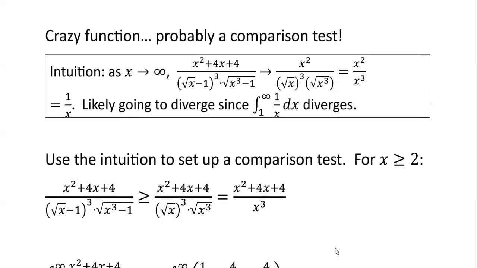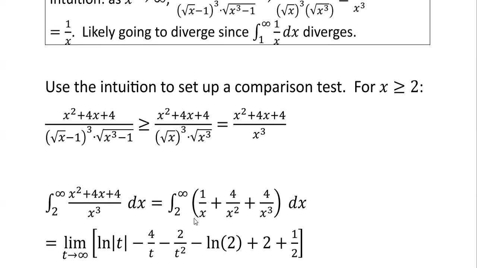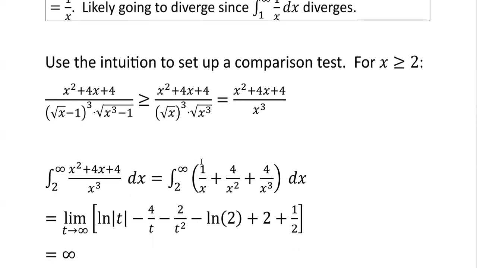I picked this guy, which is equal to this guy. This we can evaluate the improper integral of. We can just divide through by the x cubed, and you can see the 1 over x appears, finally. I showed the work, but we already know that this guy would diverge, but these two would converge.